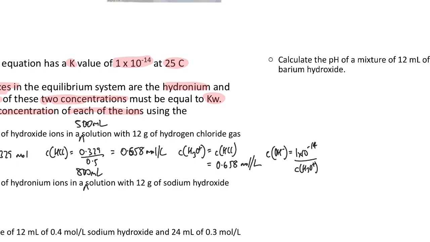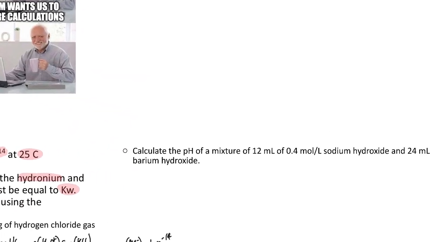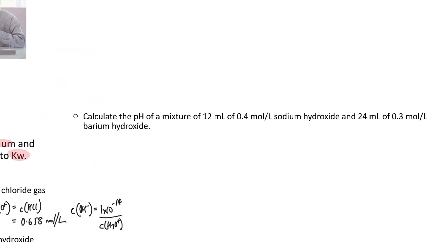If we have Kw equal to the concentration of H3O plus times the concentration of OH minus, with Kw being 1 times 10 to the negative 14, we can rearrange the equation.